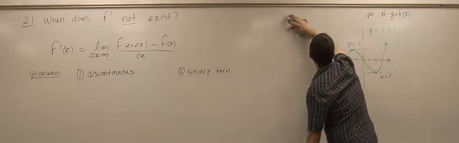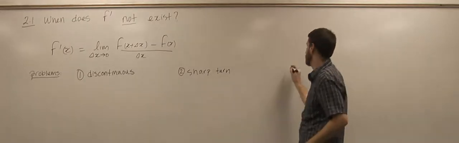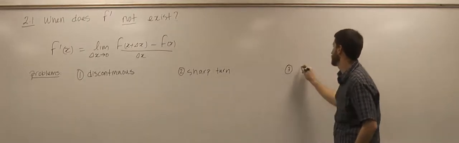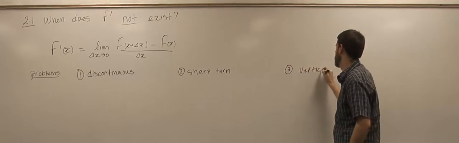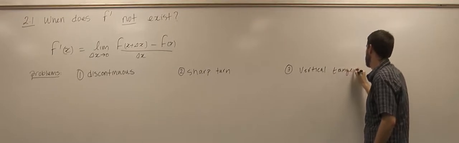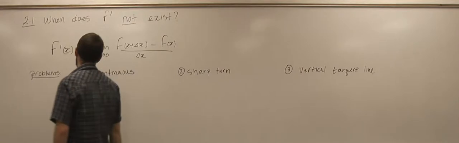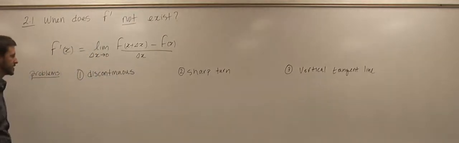Or if the function has a vertical tangent line, the derivative won't exist. So let's just draw a quick example of each and see if we can reason why the derivative doesn't exist.